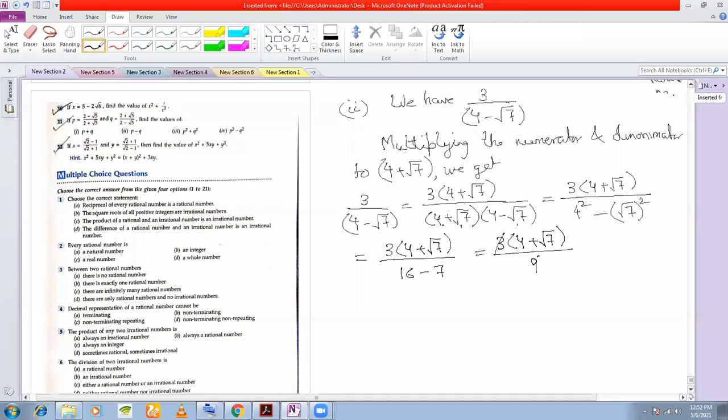Now 3 and 9 cancel 3 times, and you simply get 4 plus root 7 divided by 3. So now what you see here is that the denominator has been rationalized. Initially this was an irrational number, which has now been rationalized to a rational number.